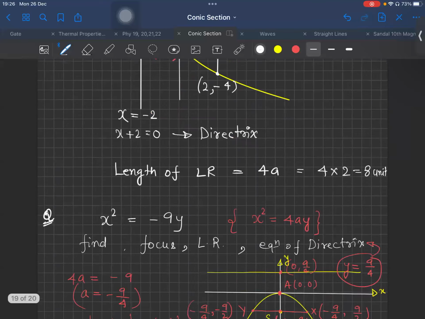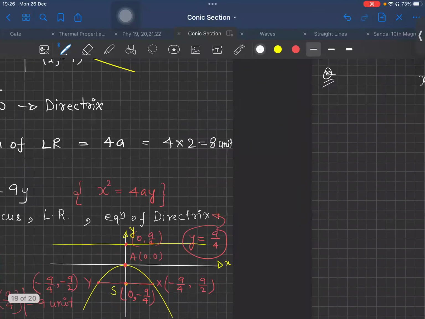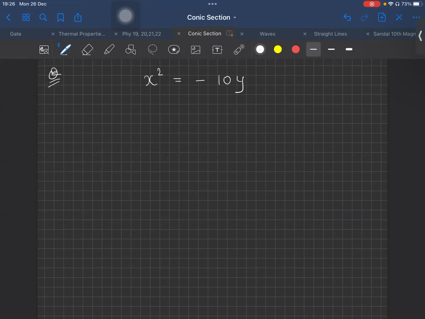Find out the focus, the vertex, everything. Guys, are you able to understand, or do you need more elaboration?